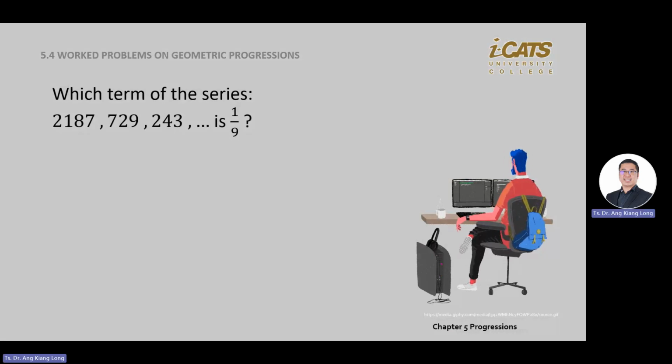So this one asks you to guess. He gives you a GP series. He asks you to find within this one which term is 1 over 9. Still same. You have the a, you have the R. Substitute back to the equation. The missing unknown is the number n.